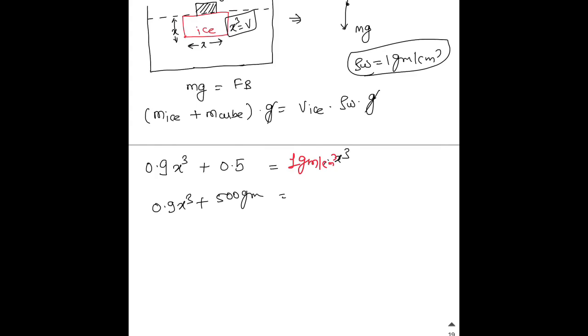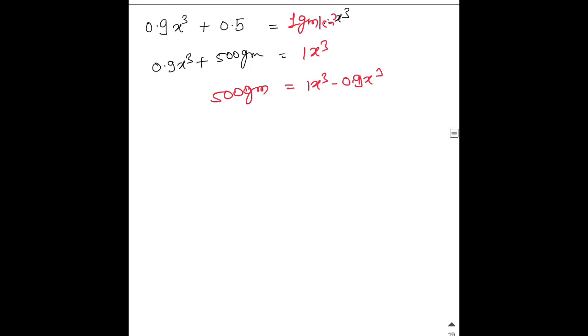It will be easy for us to understand. 1 x cube, so we got 500 gram equals 1 x cube minus 0.9 x cube, and after simplifying that we get 0.1 x cube should be equal to 500 gram. So if I calculate the value of x cube, it is going to be 5000 centimeter cube.